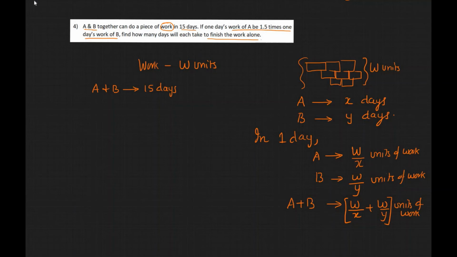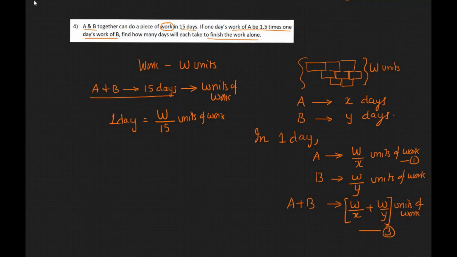It says, if A and B together can do a piece of work in 15 days, so if A and B together take 15 days for doing W units of work, in one day they can do W by 15 units of work. And this is exactly the same as this.